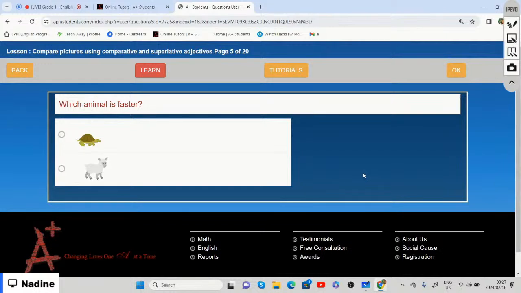And if we choose the one that is faster, yeah, then we say the sheep is faster.